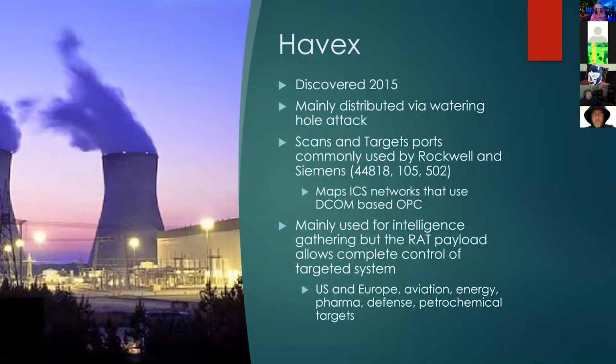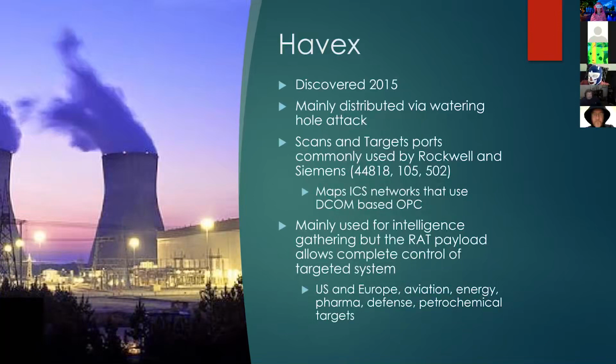They disguised the malware as legitimate software downloads, and people would install it. It would scan for specific ports, so that they would know that Rockwell's or Siemens equipment was used on that network.